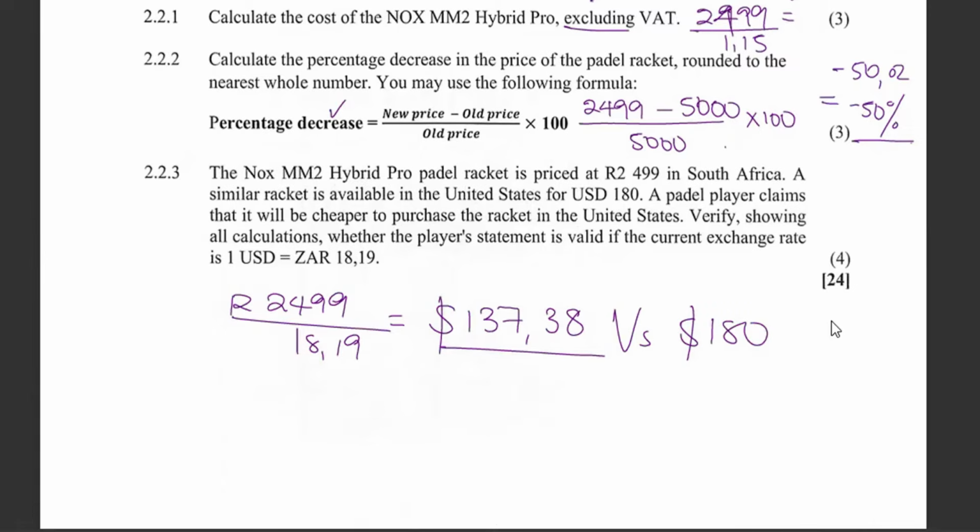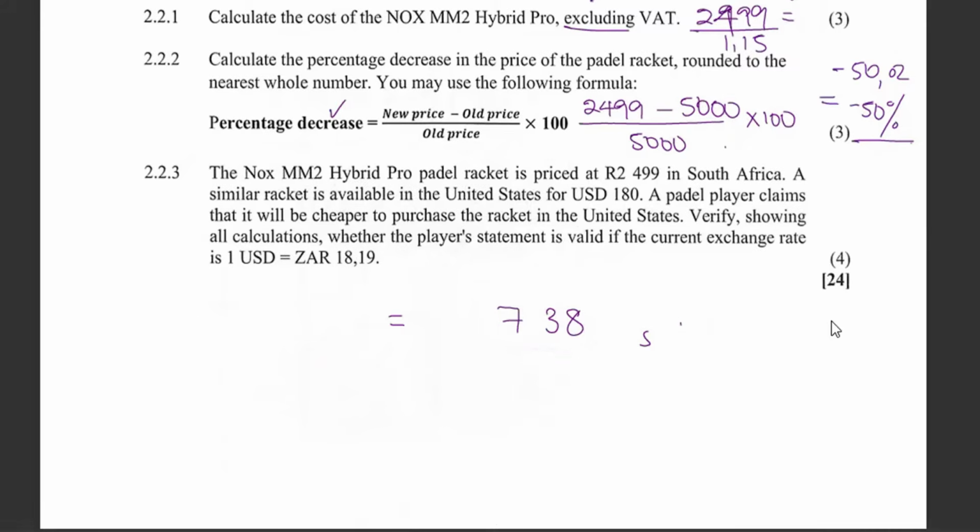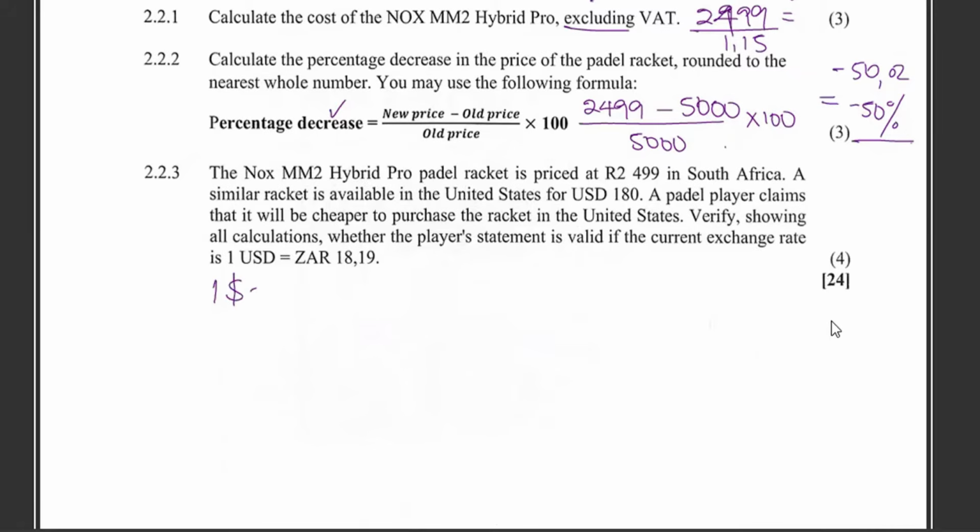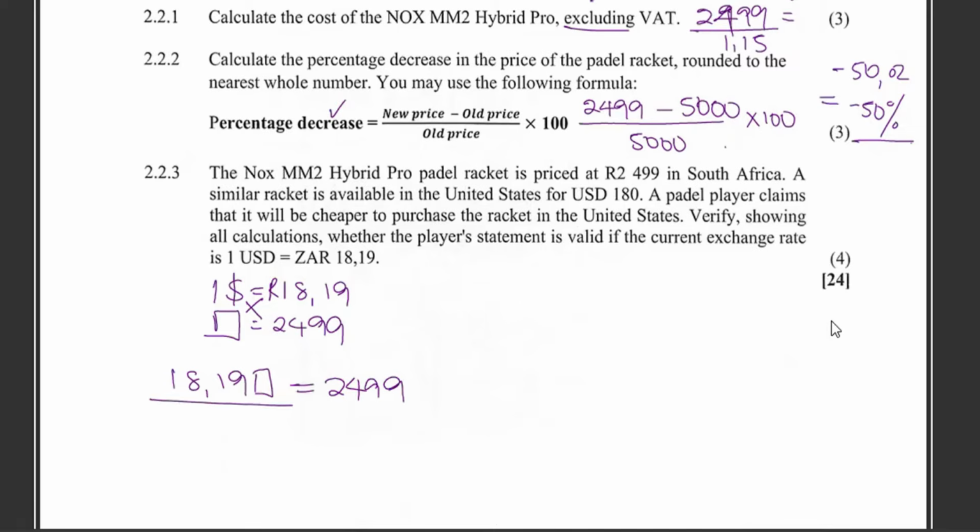Someone might ask us, why are we dividing instead of multiplying? And let me show you very fast. This one here, you have to use the conversion that they have given you. Listen, they have already told you that it's $1 that is equivalent to 18.19 rands. Indeed, you also have 2,499. You want to know how much would it be in dollars. What happens? Cross multiply. So divide through, because I'm looking for that missing number.